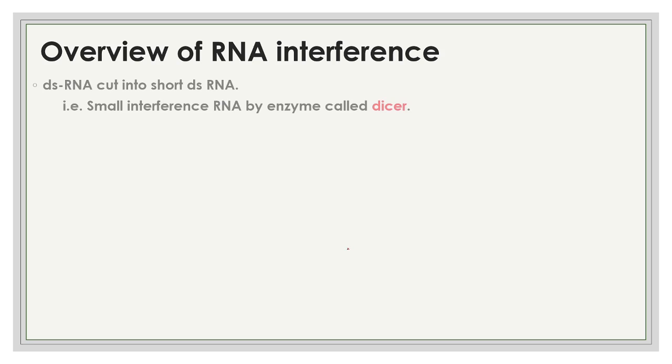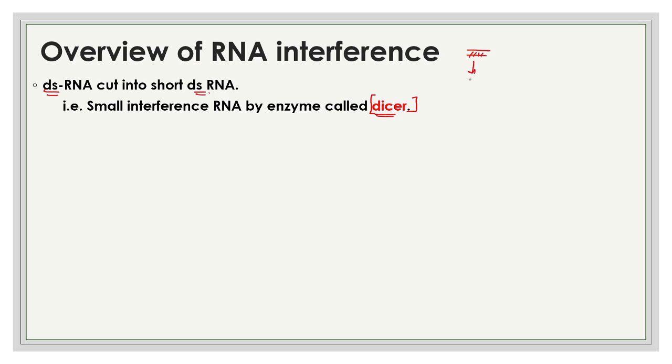Next, overview of RNA interference. First, double-stranded RNA is cut into short double-stranded RNA, that is small interfering RNA, by an enzyme called dicer. As I told you, RNA interference technology needs double-stranded RNA, but that double-stranded RNA is processed by the enzyme called dicer. That enzyme breaks down the double-stranded RNA. Okay.